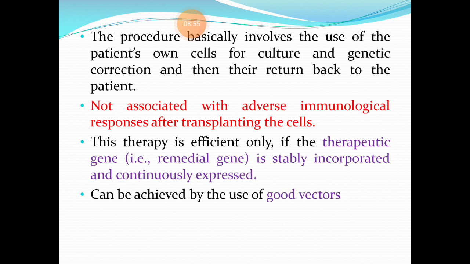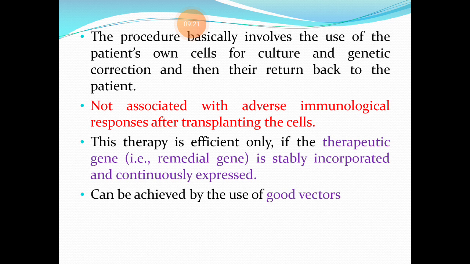The procedure basically involves the use of patient's own cells for the culture, genetic correction, and then return back to the patient. As a result, this is not associated with adverse immunological responses after transplanting the cells, because patient's own cells are taken.